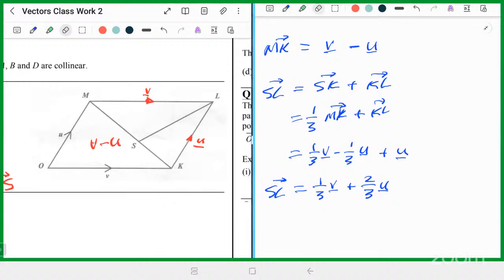So this is saying to go from S to L, I must go 1/3 of a V. Starting here to get to here, right? That vector, to get to it, it is saying go 1/3 of a V first.